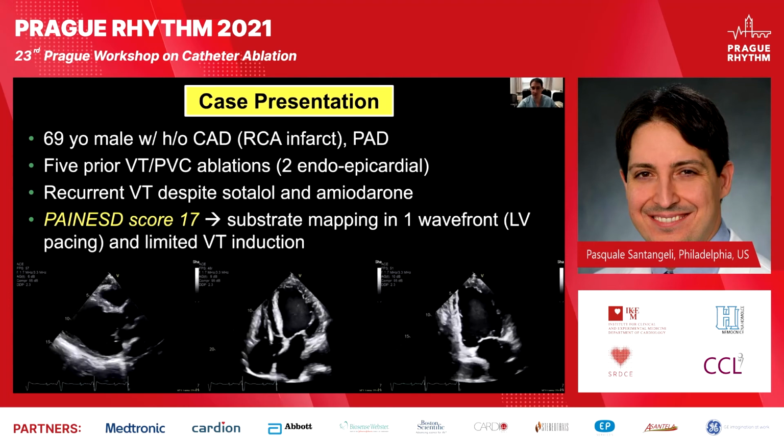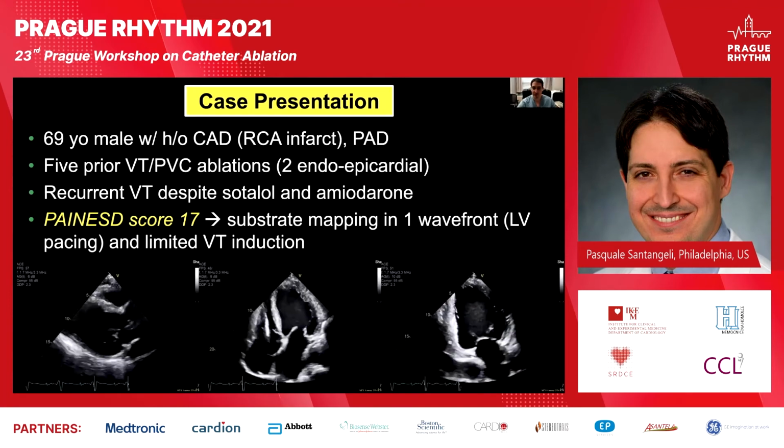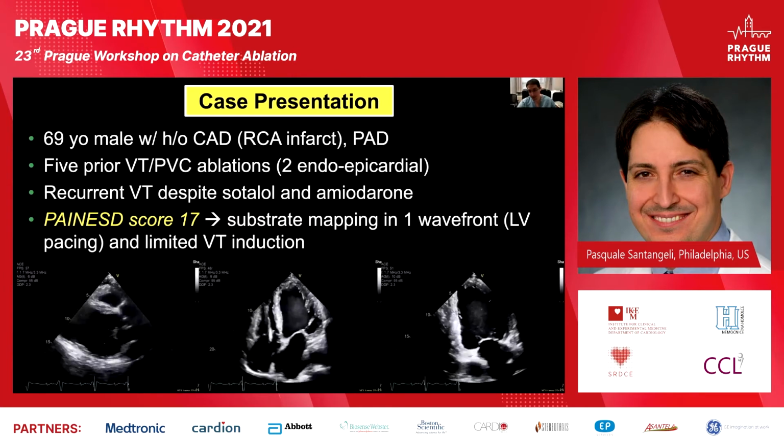And typically we use LV pacing for patients with bad heart failure and low ejection fraction to prevent the acute decompensation effect from RV-only pacing, which we have seen occasionally. And also, an important aspect, we do limit as much as possible VT induction.